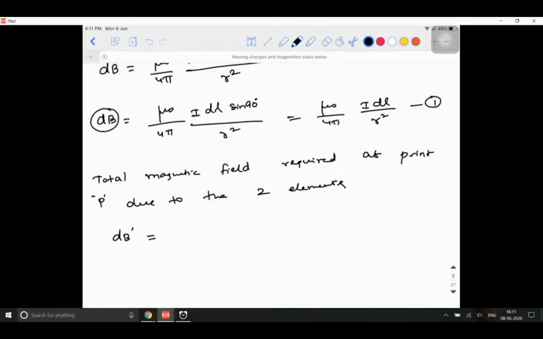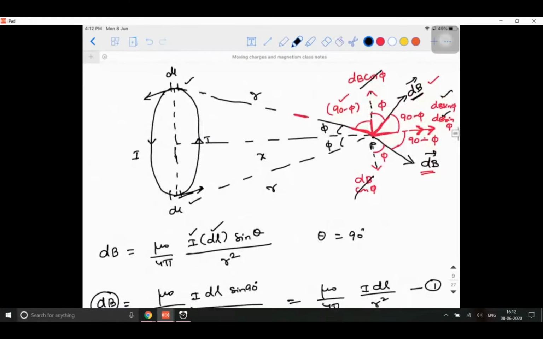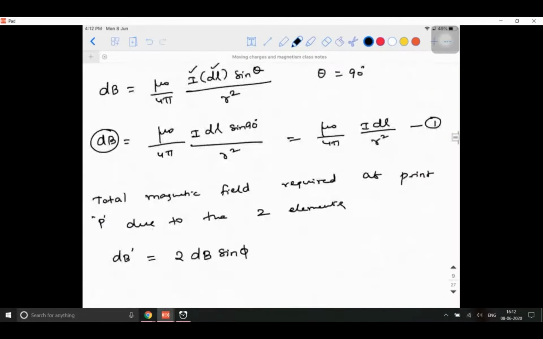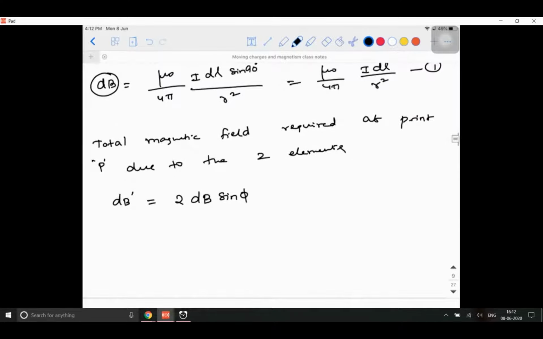So dB dash is equal to 2 times dB sine phi. I hope you understood why it is 2 times, because there are 2 dB sine phi in the rightward direction. So I made a note of it. So it is 2 times dB sine phi.